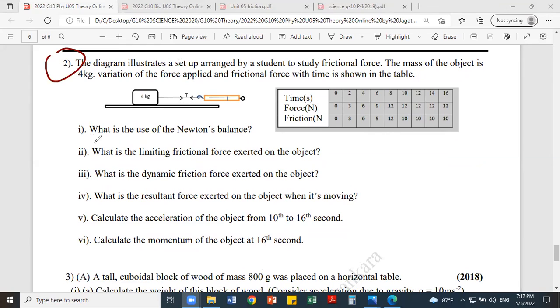To find the force applied. Right answer, to find the force applied on the object. Or else you can actually find friction also using this.